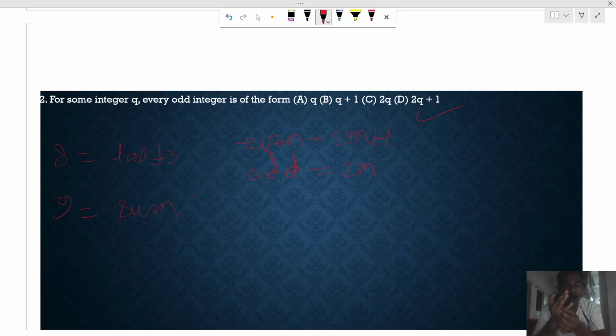If the sum of odd minus the sum of even is divisible by 7, the number will be divisible by 7. If it is divisible by 11, the number is divisible by 11. If it is divisible by 13, the number will be divisible by 13. Okay, so I hope you are enjoying the session.